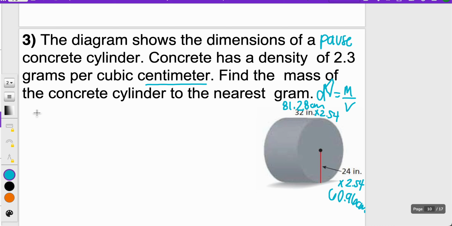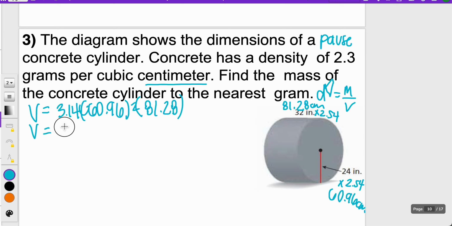Okay, so to find my volume, I'm doing pi times the radius squared, so 60.96 squared, and then times my height, which is 81.28 centimeters. That volume is a large number, 948,425.58.